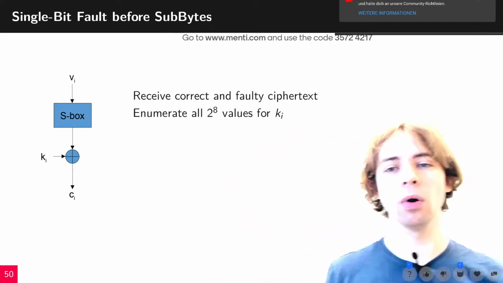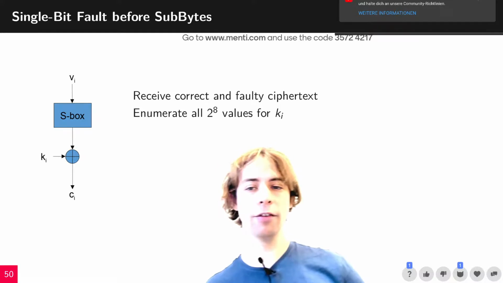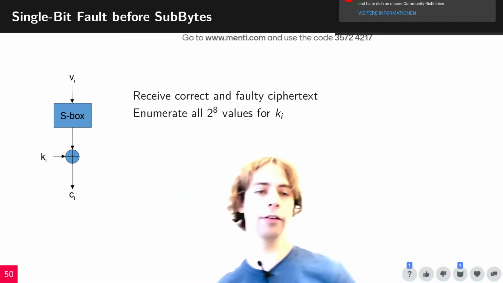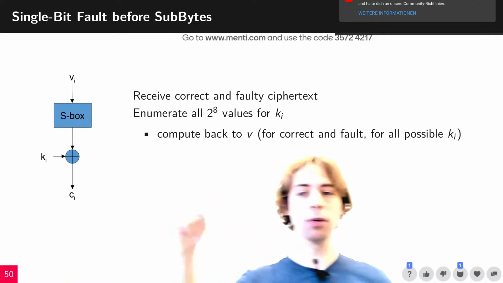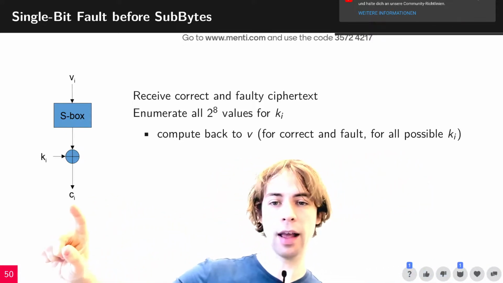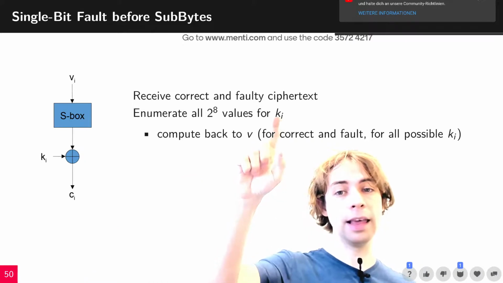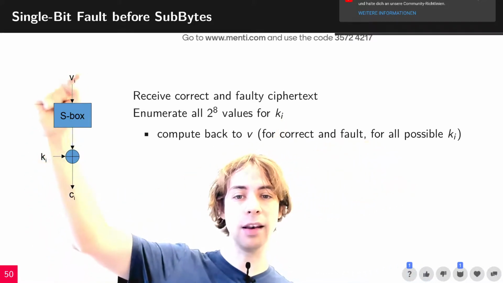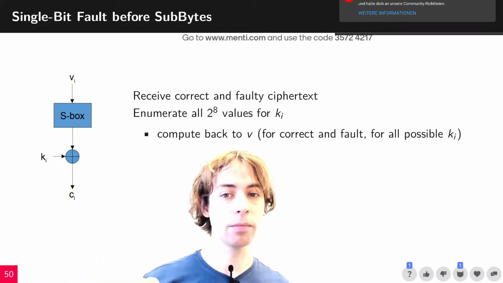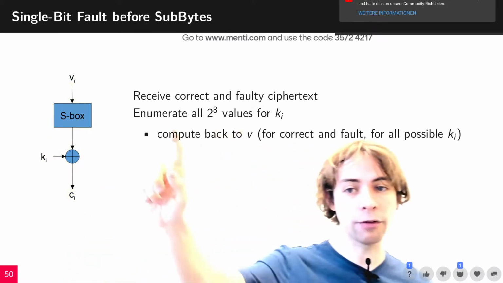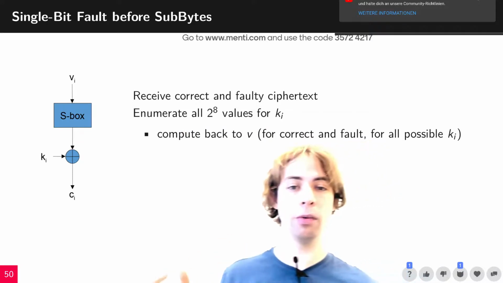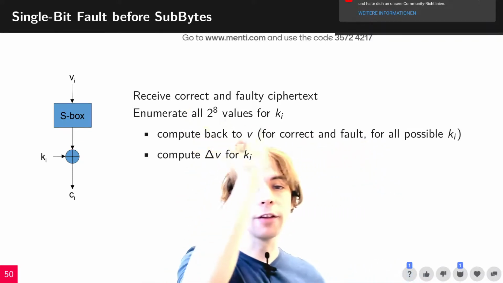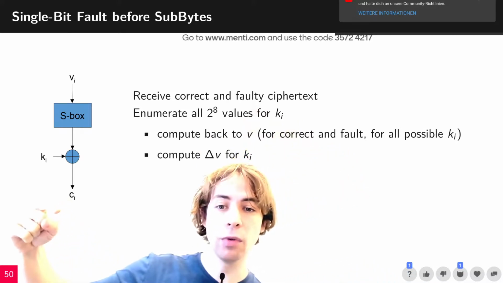So then we store all the correct and faulty ciphertexts, and we go through all the possible values for this key, all 256 values. And then we compute, with the ciphertext and the 256 possible keys, back to this intermediate value before the S box. We can do that because we just do that for all 256 possibilities. Then we have the faulty ciphertext, and we do the same.